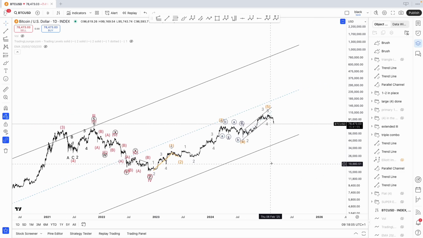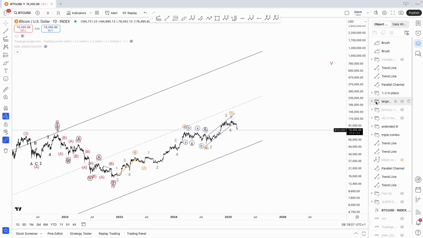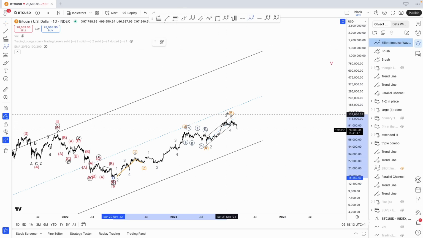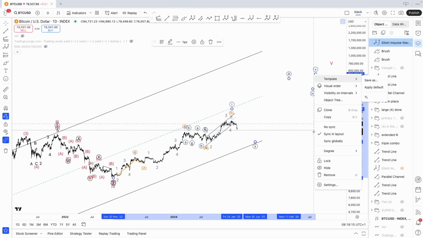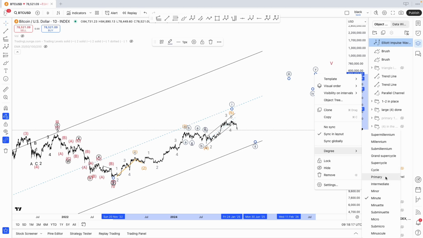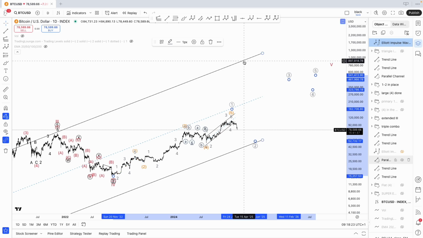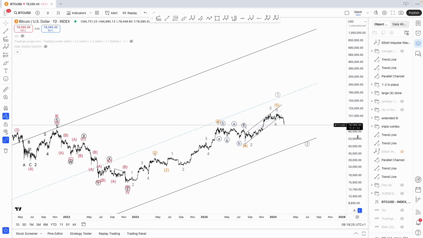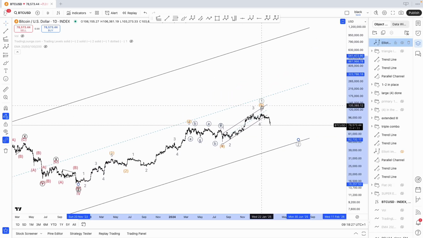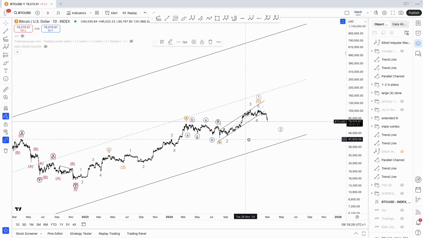So large 4 done. At this point, the way it is labeled, it would suggest this. Okay, primary. There you go. Let's make it purple and let's get rid of the brush. The way I have it labeled would suggest this, right?